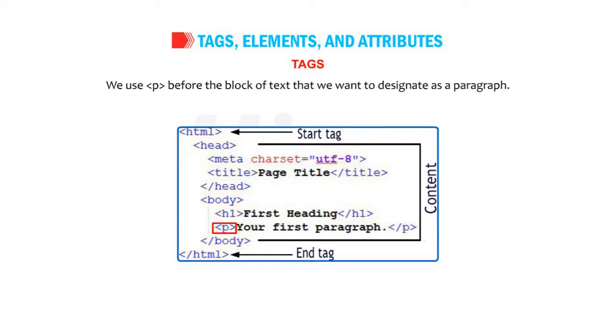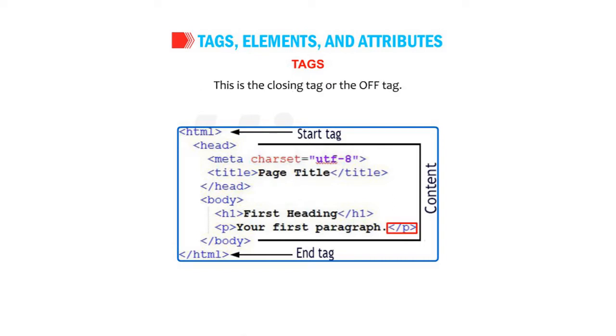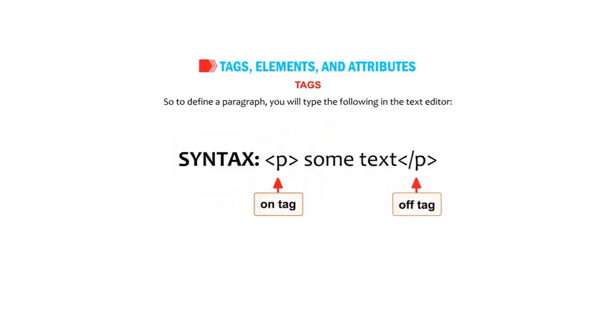We use the p tag before the block of text that we want to designate as a paragraph. This is the opening tag or the on tag. At the end of the text block, we place /p. This is the closing tag or the off tag. So to define a paragraph, you will type the following in the text editor.